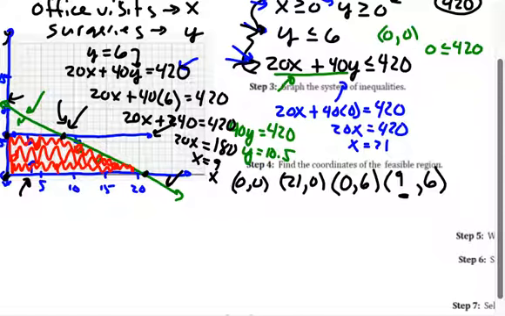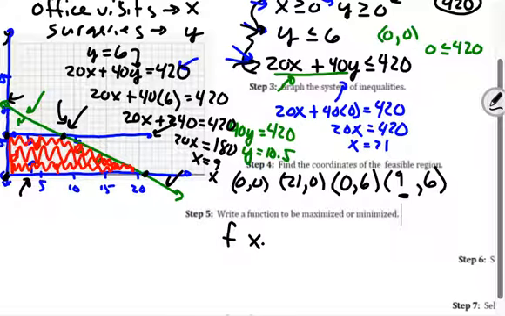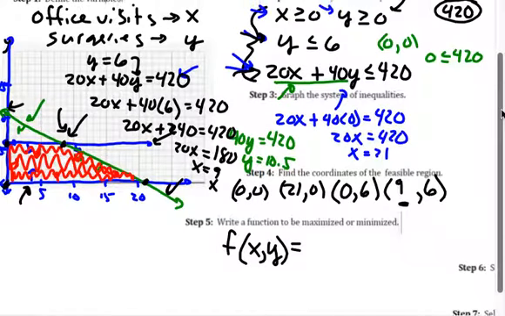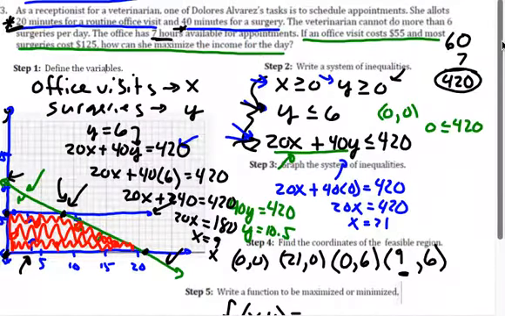So, step 5: write a function to be minimized or maximized. This is your objective function. So f of x comma y equals. This is kind of where we get into money. So let's go back up here a minute. Right here it says office visits are $55 and surgeries cost $125.